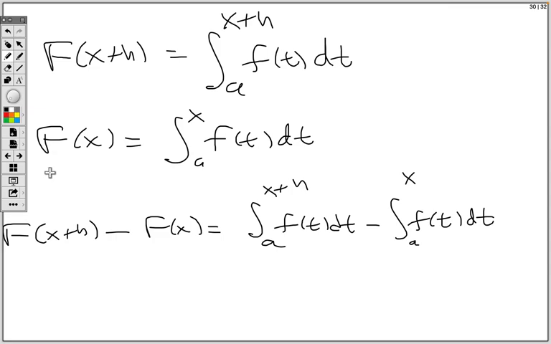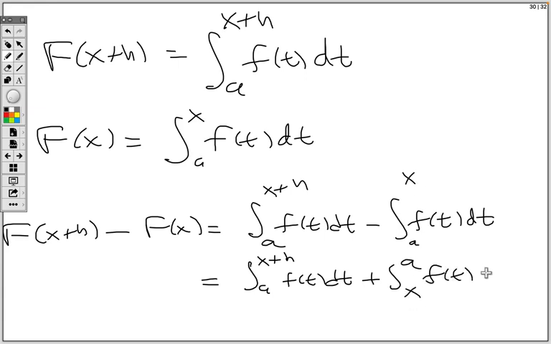We can formally work this through with the properties that we talked about in section 5.2. I can reverse the order of the integration to take care of that negative. So I could rewrite this as the integral from a to x plus h of f of t dt plus the integral, instead of going from a to x, I'll go from x to a of f of t dt, using the reversal property.